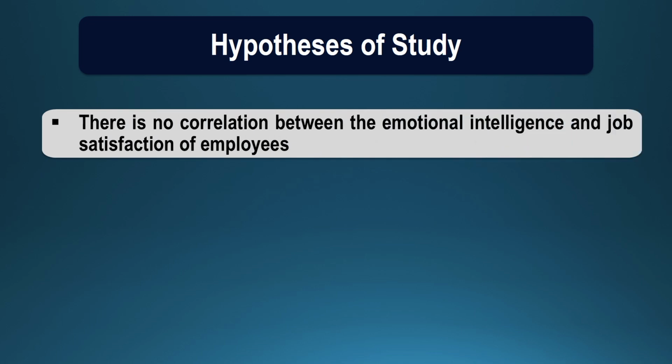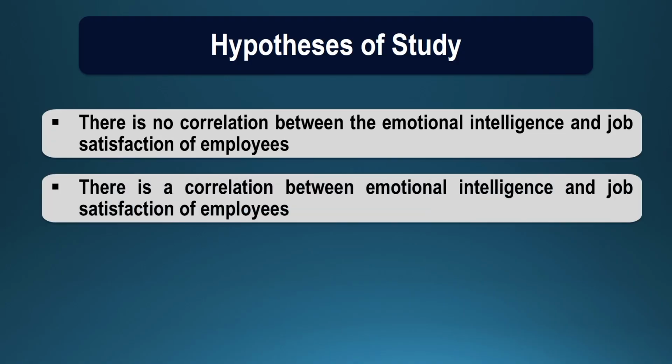Now here you can see, when we are interested in establishing the relationship between two variables, the null hypothesis would state there is no correlation between the emotional intelligence and job satisfaction of employees.